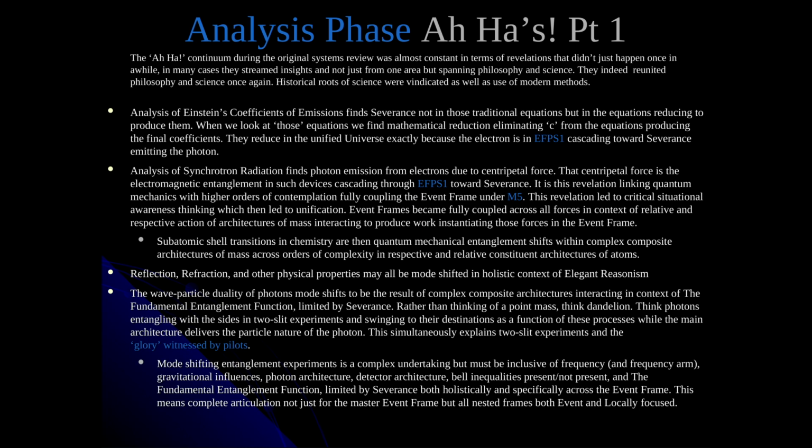But what we did find is when we went back and looked at the set of equations that lead to those coefficients of emissions, the immediately prior sets of equations, we do see it because those mathematical equations reduce, and C leaves those equations and they reduce into the coefficients of emissions that Einstein published and wrote about. And that's severance in action.